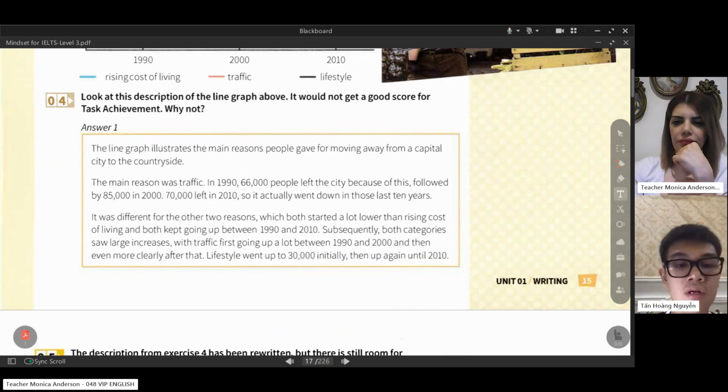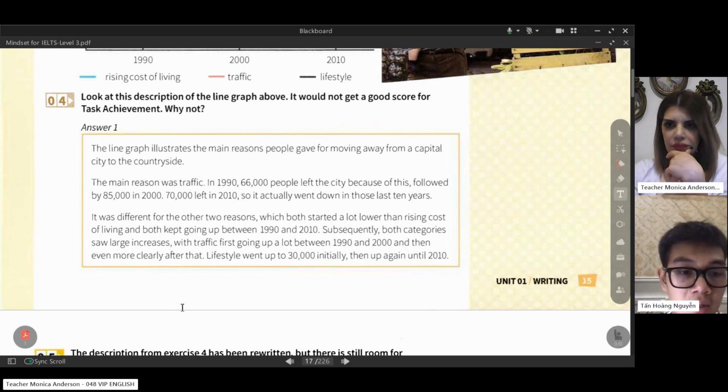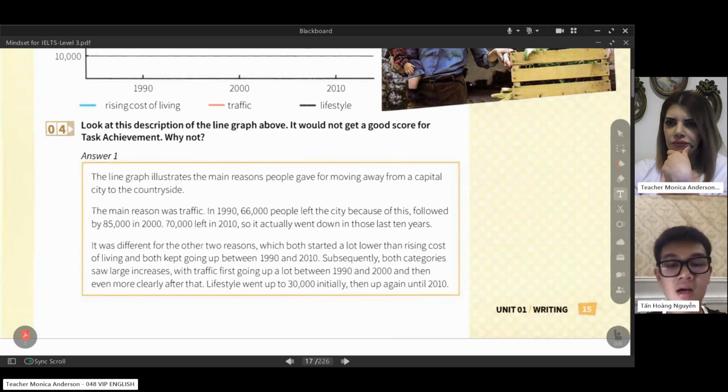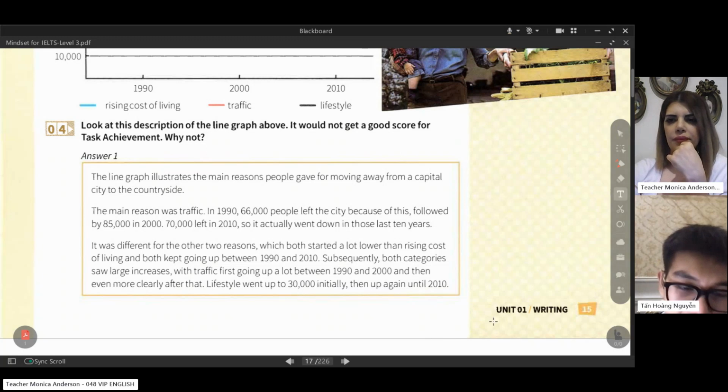The diagram illustrates the main reasons people gave for moving away from a capital city to the countryside. The main reason was traffic. In 1990, 60,000 people left the city because of this, followed by 85,000 in 2000. 70,000 left in 2010, so it actually went down in those last 10 years.